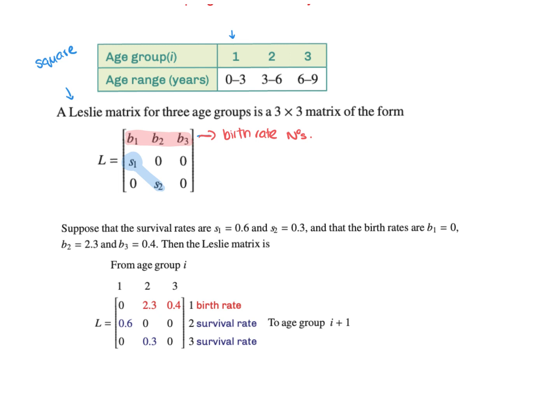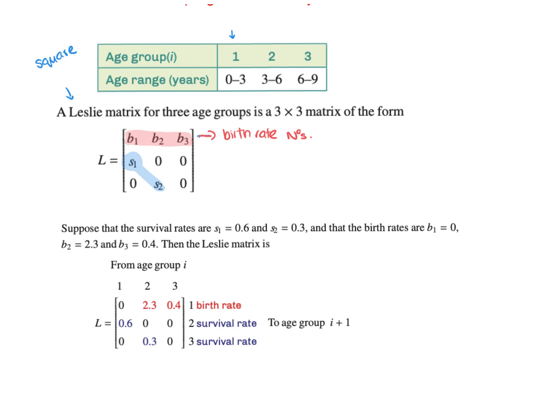The survival rates go on the diagonal from underneath the first birth rate, and that's it. Because with a 3 by 3, we can only have 2 survival rates. What about if I had a 4 by 4? How many survival rates am I going to have? 3. Good.